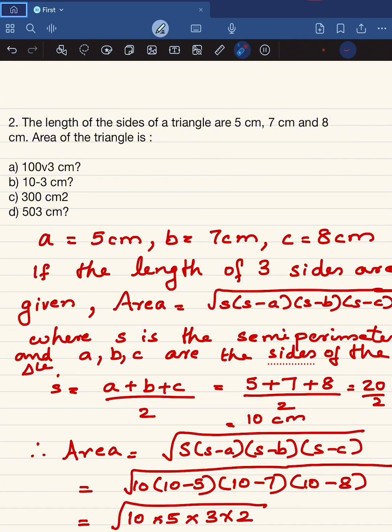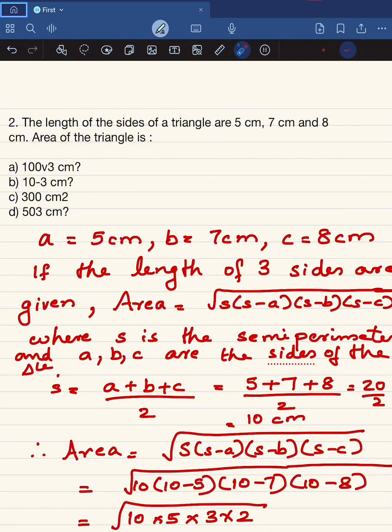Next question: the lengths of the sides of a triangle are 5 cm, 7 cm and 8 cm. You have to find the area of the triangle.